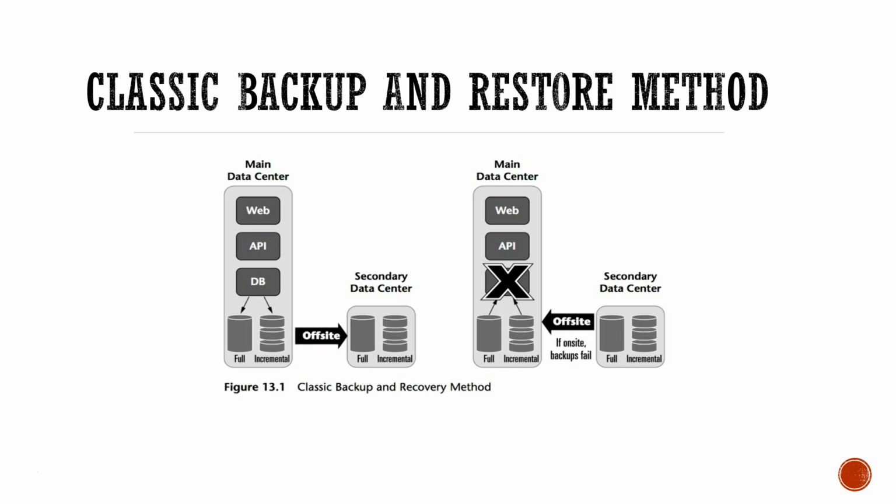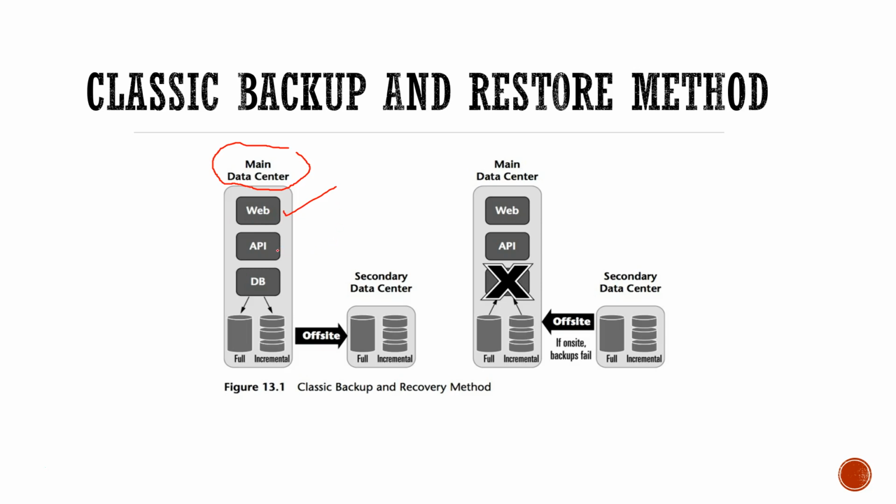So here's a diagram which shows your main data center over here. This is the main data center with your web layer, also known as the presentation layer. If you remember back to when we talked about architectures in Chapter 2, you've got the presentation layer with the web servers and web graphical user interface and things like that.